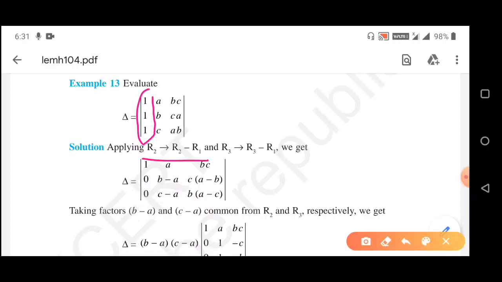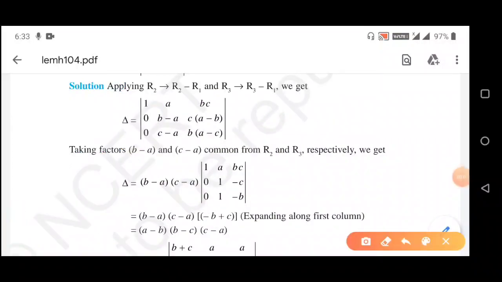Row 2 replaced by row 2 minus row 1. Since in this operation row 2 will be changed, in the next operation in the single step we cannot use row 2. So here they have written row 3 replaced by row 3 minus row 1. So in this way we have this delta.